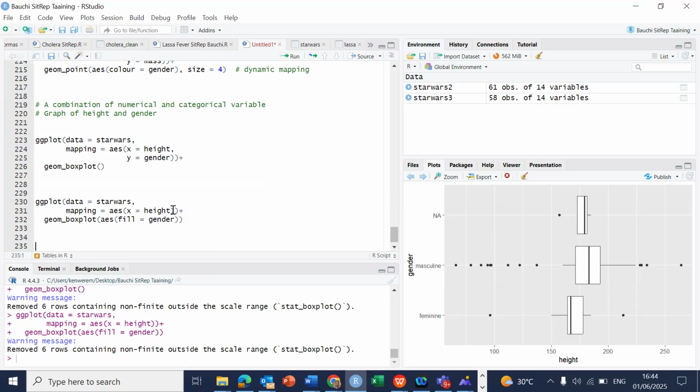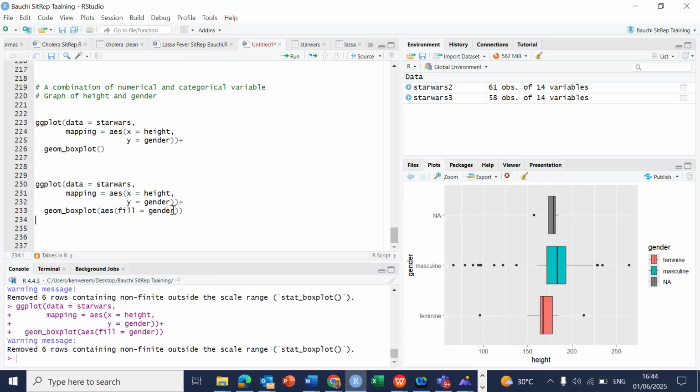Sorry, let me see something. Let me see if I add y equals gender here and see what happens. Okay, so it's still the same code. The only difference is that we now added fill equals gender within the geom_boxplot. Yeah, I think it's better this way, instead of the one with the zero points.